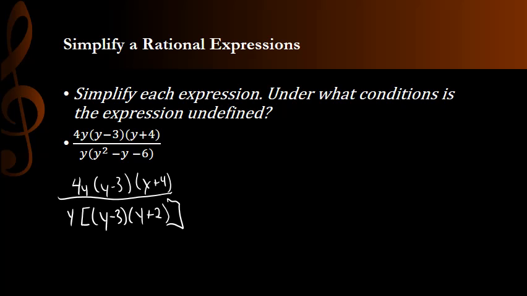Now that I have factored it, I can now begin to start simplifying it. And I'm going to work with monomials and binomials separately. So here I got 4y over y. Well, the y's are going to cancel. It's just going to leave me with 4. And the expressions y minus 3 appear in both the numerator and the denominator. And so those are going to cancel.